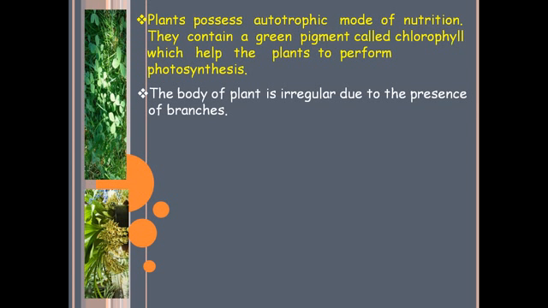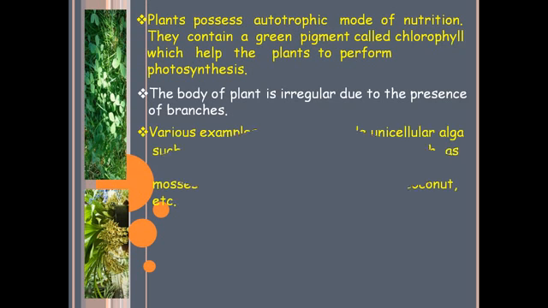Many number of branches are there, and that is why their shape is irregular. In the case of animals, it is regular because they stop growing after a certain age when they become mature. But in the case of plants, their growth is unlimited, and because of the presence of branches, they look irregular in shape.